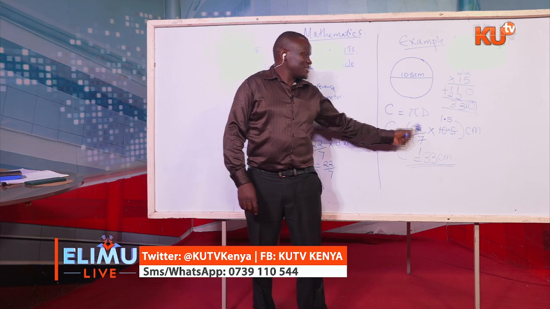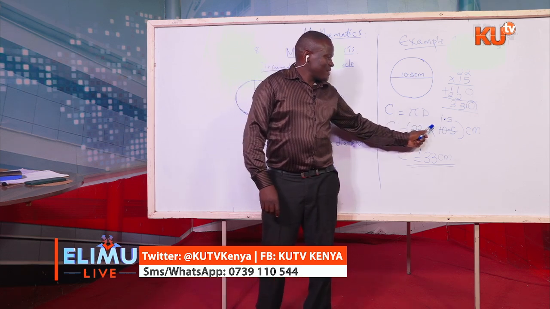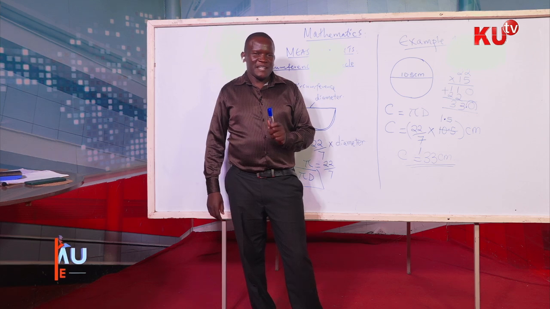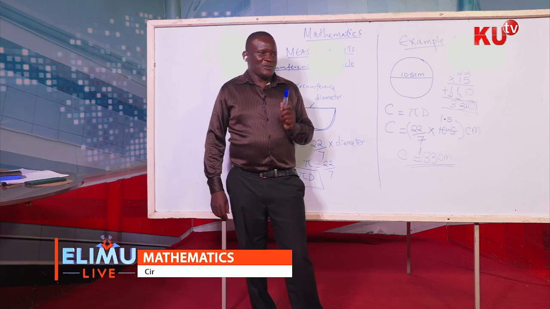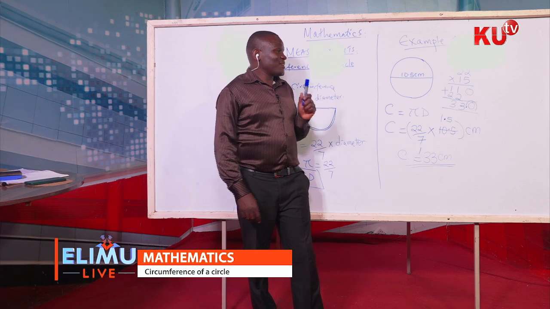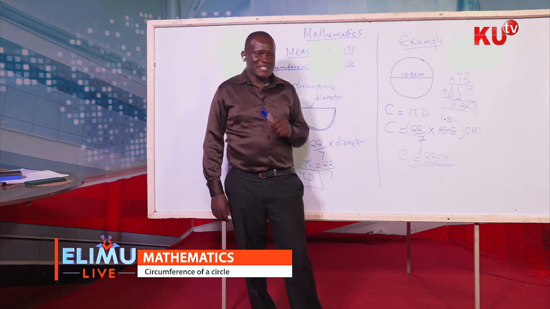So we have 22. When we multiply 22 by 1.5, we shall assume the decimal point, and we'll introduce it later.